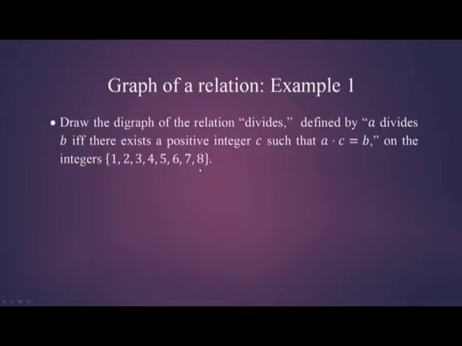So, that is positive integers from 1 to 8. Now, this divides is a usual division on the set of integers. So, first thing that we have to do in order to solve a problem like this is to write all the ordered pairs corresponding to this relation. So, we shall do that shortly.